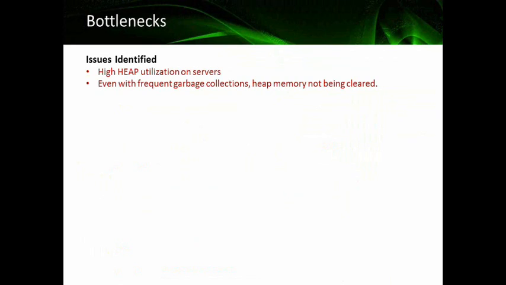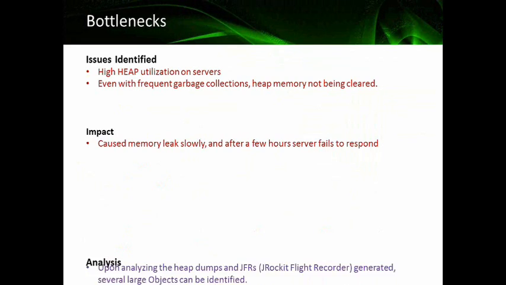The heap size allocated to the server at the start was about 4.5 GB, but the heap was 90% utilized, and even though there were frequent garbage collections, heap memory was not being released. The impact was memory leaks, and after a few hours the server would fail to respond to any end user requests.